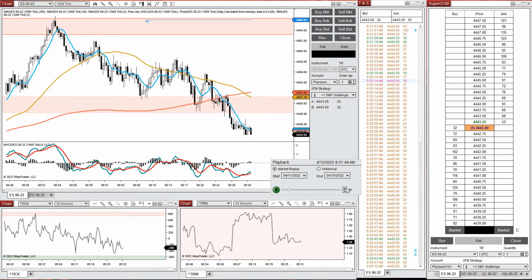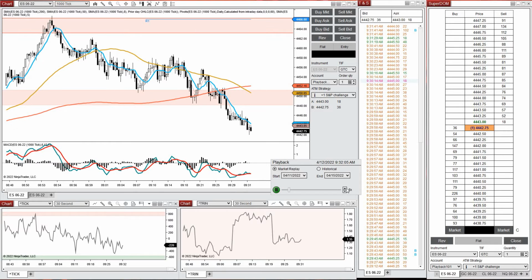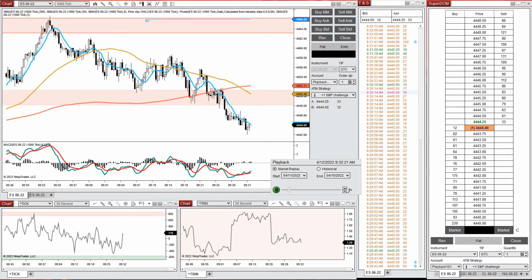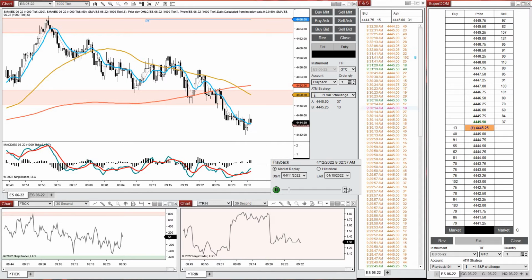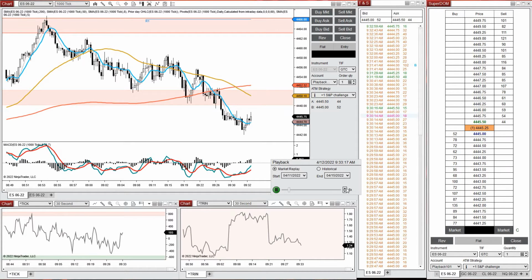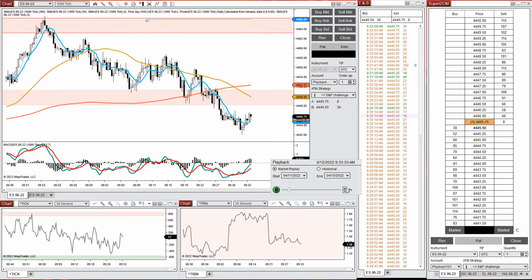And I'm kind of speeding it up so I don't have to wait as long as I normally would have to. But just like taking trades in real time.